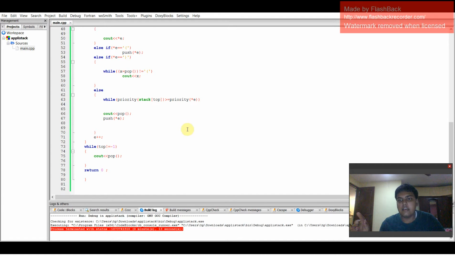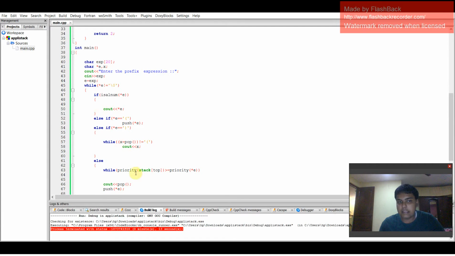Suppose a bigger value is on the stack and from outside I am bringing a smaller value; then the higher top value will go outside. I explained this in the previous slide. And top not equal to -1 means that only if it is not empty can you pop. That is the condition.